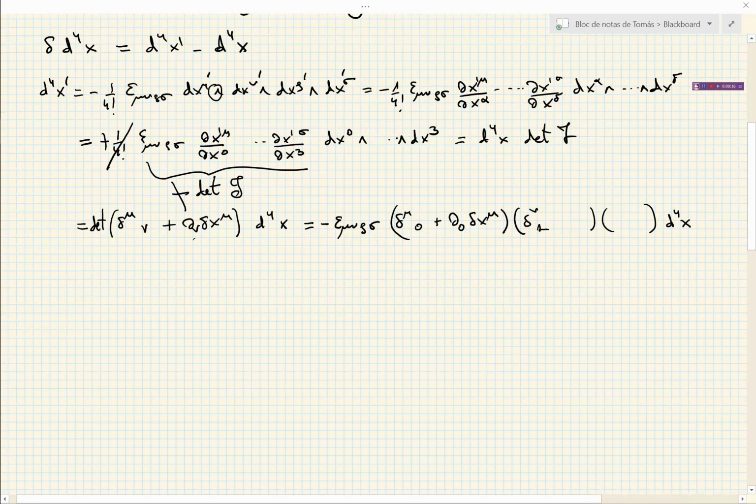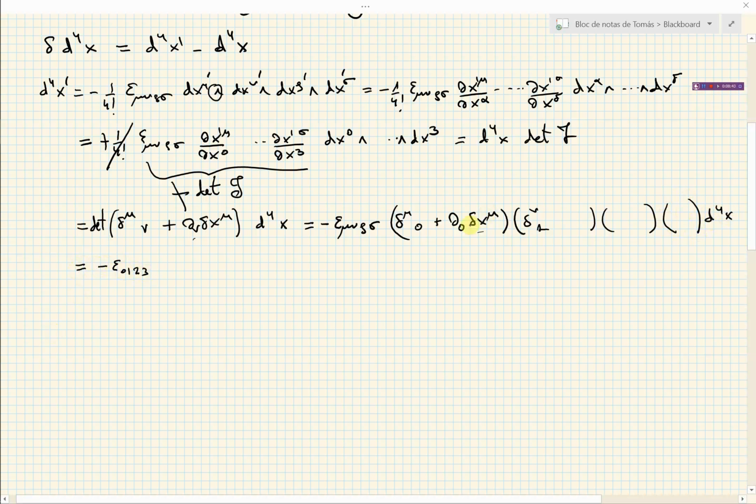Now we only have to keep terms of first order in delta. The first term that we can consider is the product of these 4 deltas times epsilon, so this gives minus epsilon 0123 d^4x.